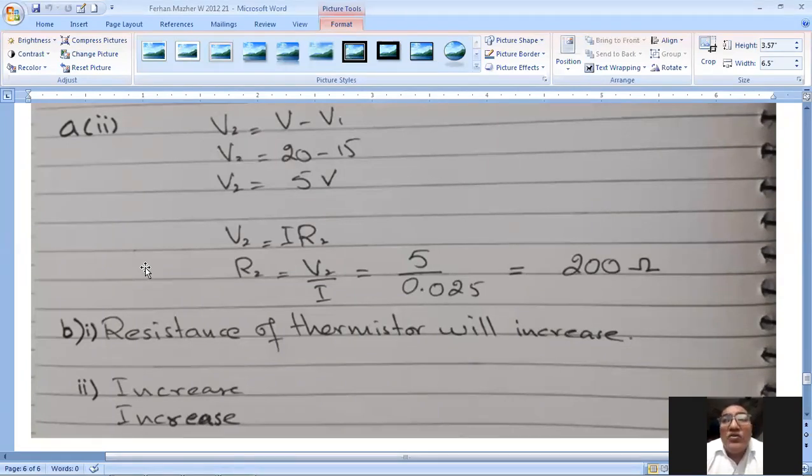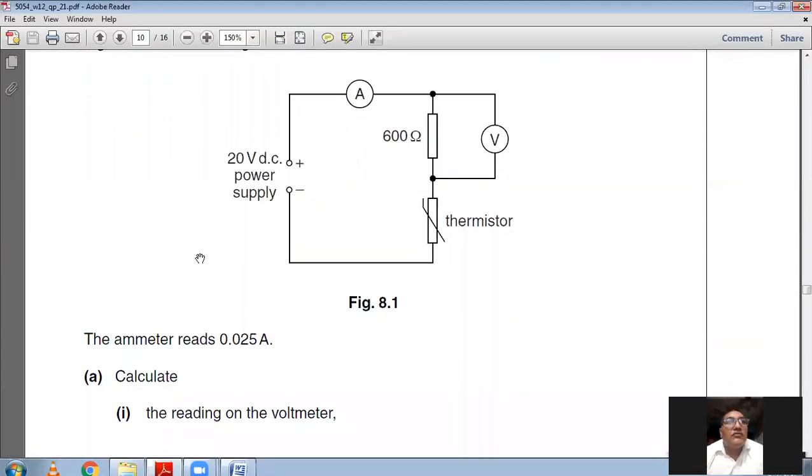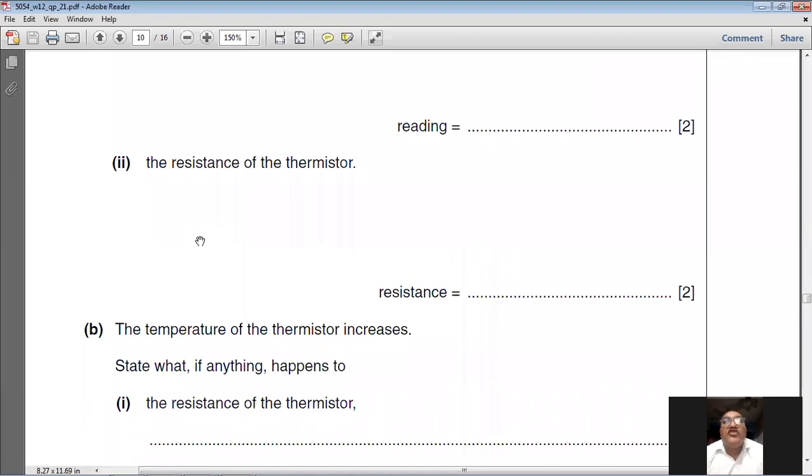So apply the formula V2 is equal to IR2, R2 is equal to V2 divided by I. 5 divided by 0.025, and the answer will be 200 ohm. I hope that you have understood this numerical. It was a 2 marks numerical.